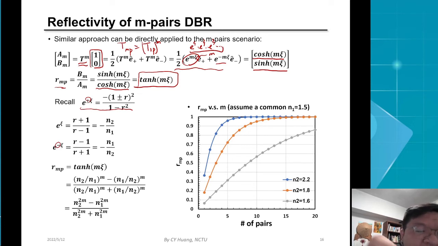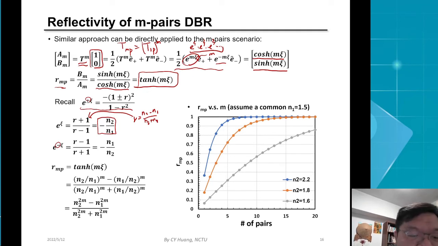And we have r equal to n2 plus n1 divided by n2 minus n1. And put it in and do some rearrangement. So the exponential c can be written as minus n2 divided by n1, and vice versa. Now the reciprocal one will be minus n1 divided by n2.